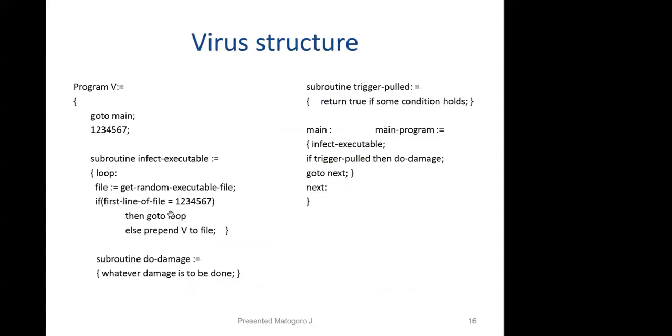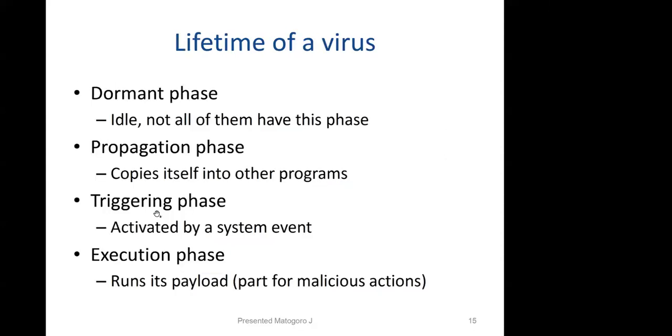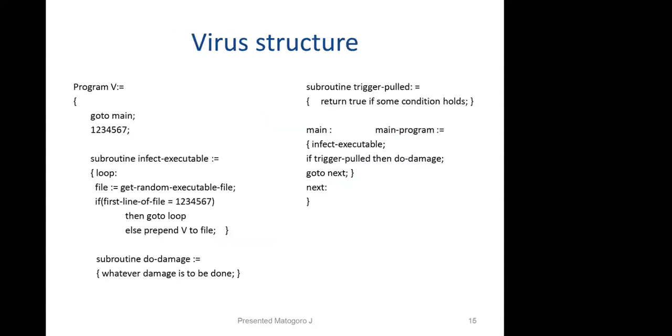I remember I asked that question last year when I was teaching this course. So it's also important that you understand and are able to practice. Actually, you can even develop a program. Maybe you can develop your own virus and share it. So this is one of the structures of a virus. So you can have this code and try to replicate and have maybe a virus that can propagate from one computer to another.